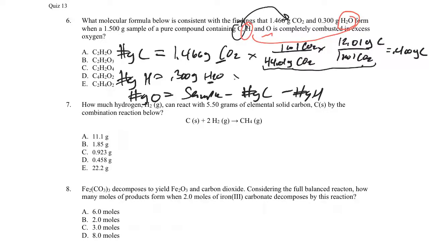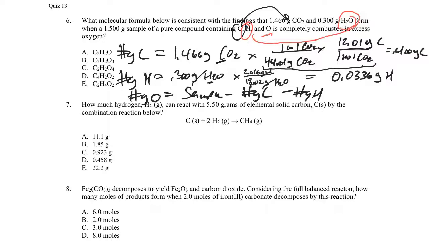Then we do this for water, 18.02 grams per mole of water, and a mole of water contains 2.016 grams of hydrogen. So a mole of water is 18.02 grams, and of that the hydrogen is just about 2 grams. And so that's 0.3 times 2.016 divided by 18.02, which works out to 0.0336 grams of hydrogen.